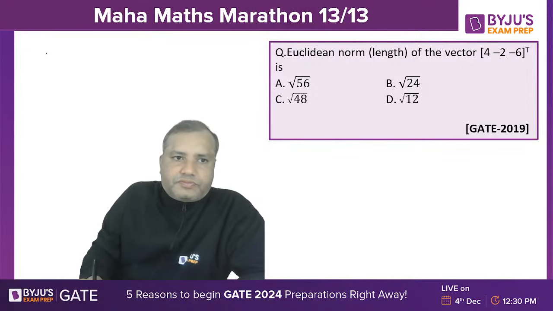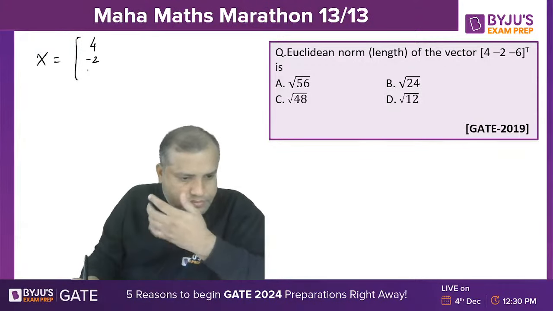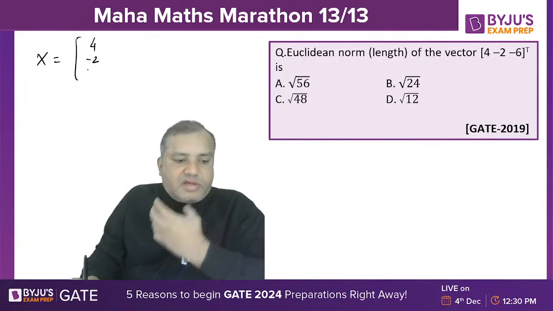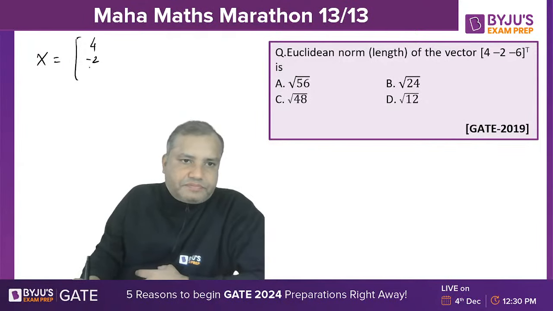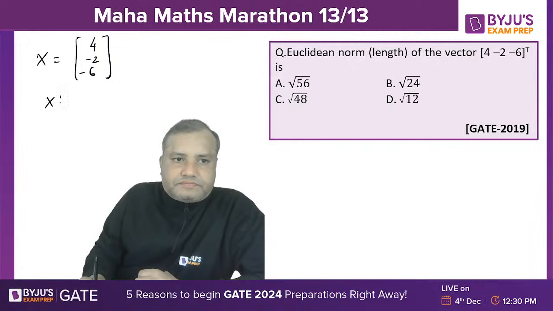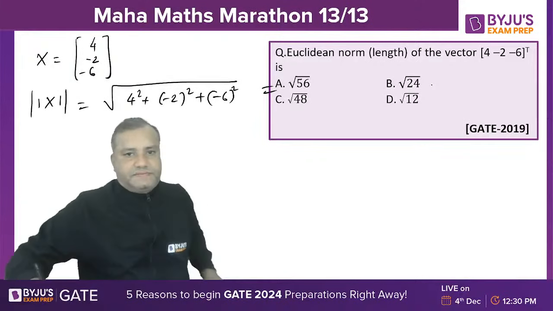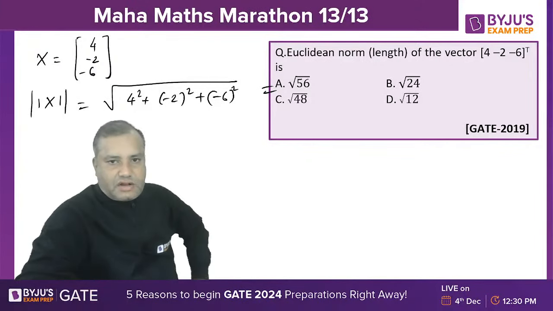The vector is 4, minus 2, minus 6. So its norm, this is the notation, will be 4 square, minus 2 square and minus 6 square, and you will get root 56. Okay. Yes sir.